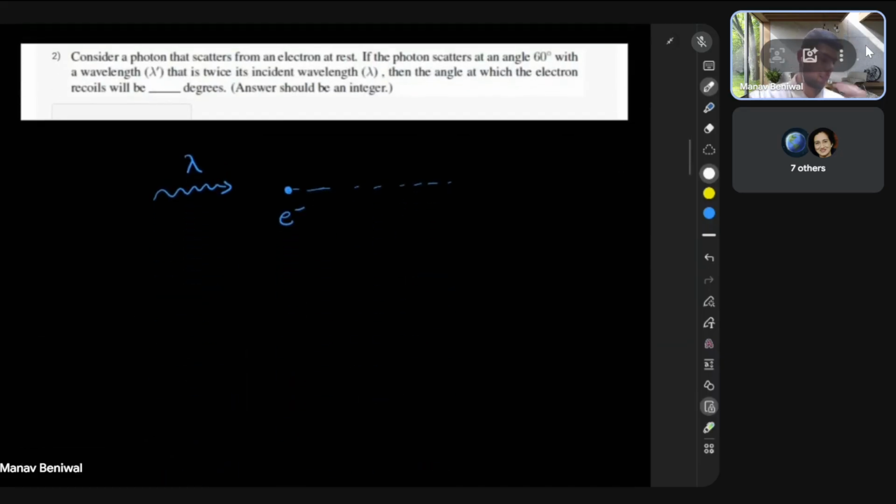Okay, so yeah, back to our problem. So our problem was that a photon scatters from an electron at rest. So our electron is at rest, and then our photon scatters at an angle 60 degree.